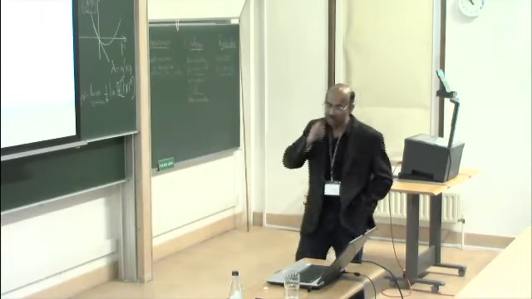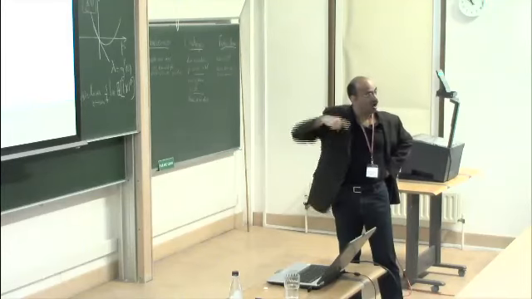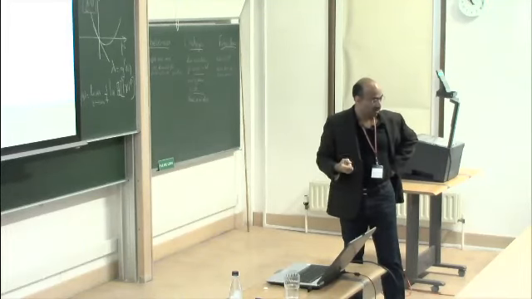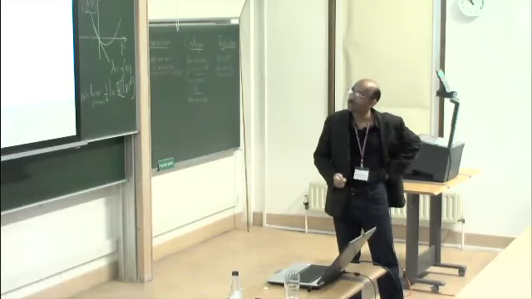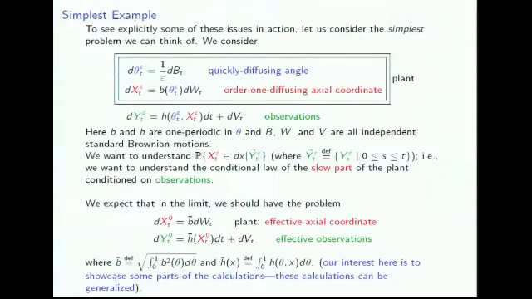So let me explain this through a very simple model as opposed to n dimensions. Think in terms of these three equations. This will give you a pretty good idea as to what we are doing. I have theta, the fast process, which is an angle. It's a Brownian angle, going very fast at a very high rate. X is your axial diffusion, and that depends on theta.